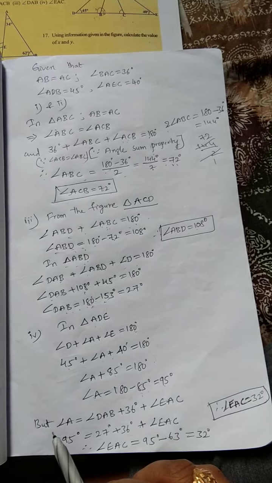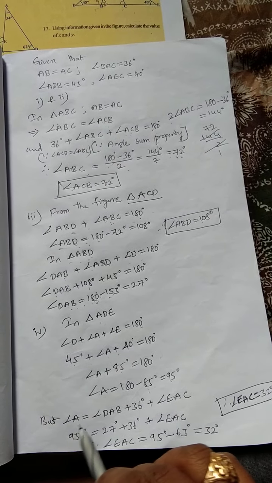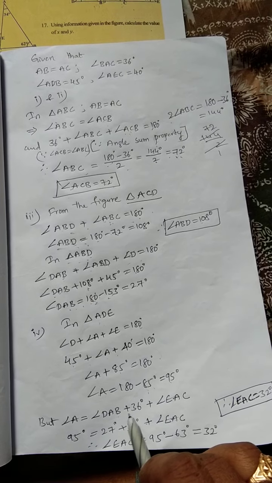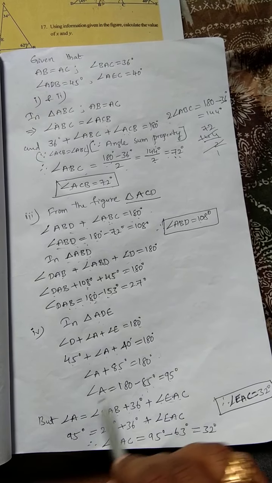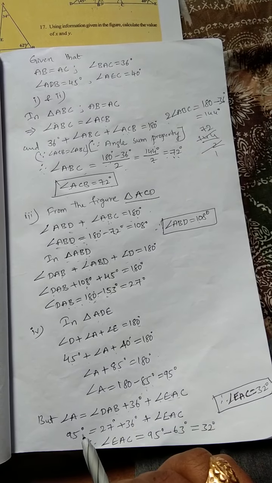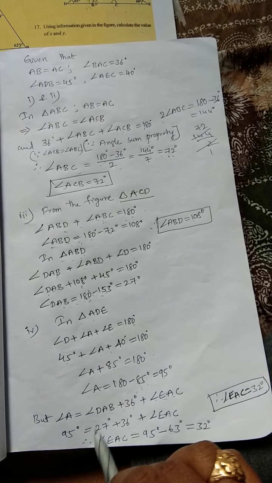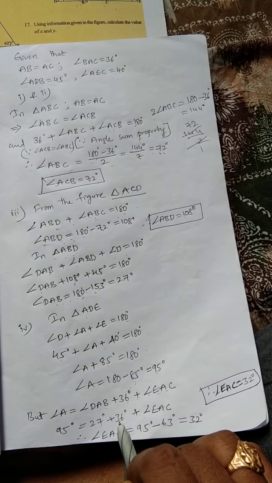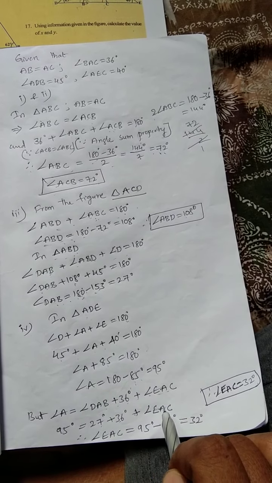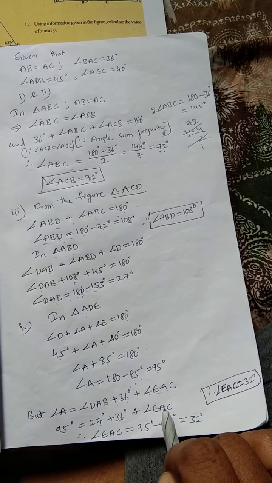Now angle A is equal to angle DAB plus 36 plus angle EAC. So angle A we got as 95 degrees, and you can substitute here: DAB is 27 degrees, plus this 36 degrees, plus EAC, which we now need to find out.